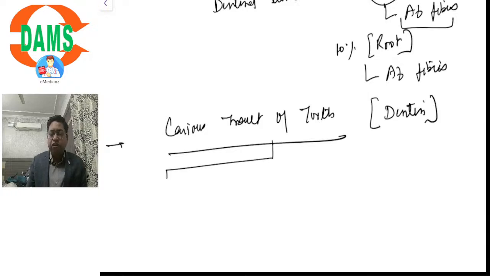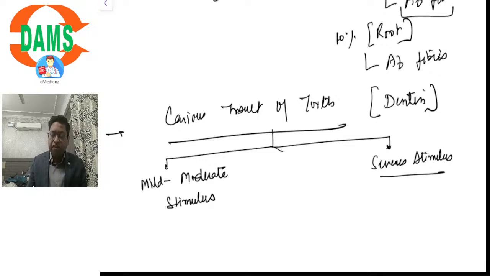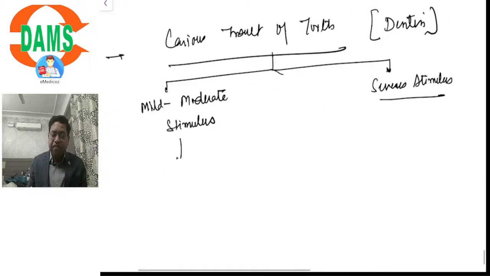Then two types of stimulus can be there: mild to moderate intensity stimulus, and then there can be a severe stimulus. Whenever there is a mild to moderate intensity stimulus, it causes formation of reactionary dentine.